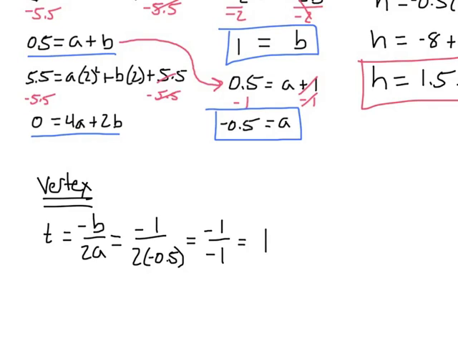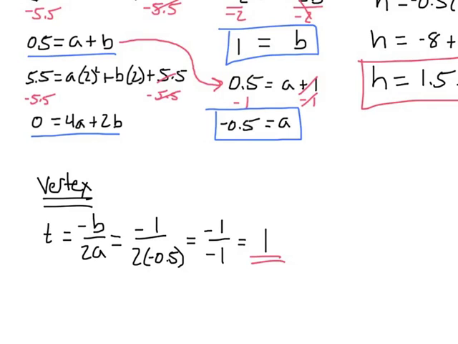Because our vertex, or our ball, I think it's a tennis ball in this case, reaches its maximum height at 1 second. If you look at the table of values they gave you, at time 1 second, the height is 6 feet. So yeah, you can see that their maximum height is definitely 6 feet.